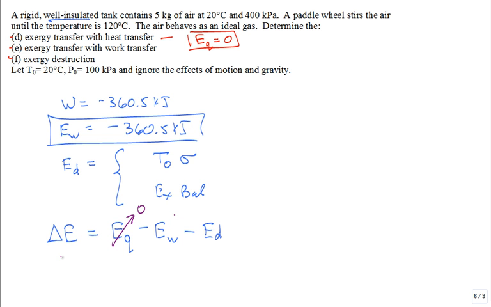And from part A, or the previous part C, I think it was, the change in the exergy went up 50.3 kilojoules. There was 360.5 kilojoules of work transfer. With it, 100% of that is exergy transfer. And we have this exergy destruction. So the exergy destruction, what does that compute to be?